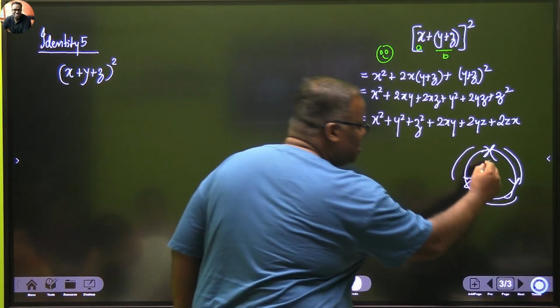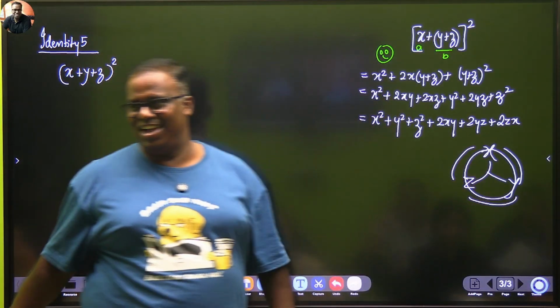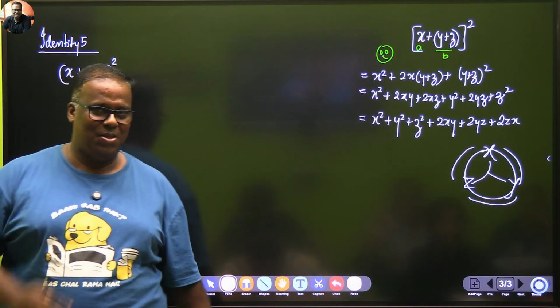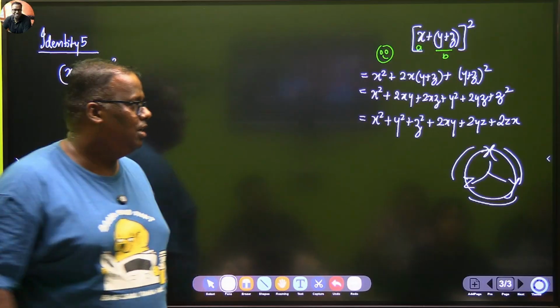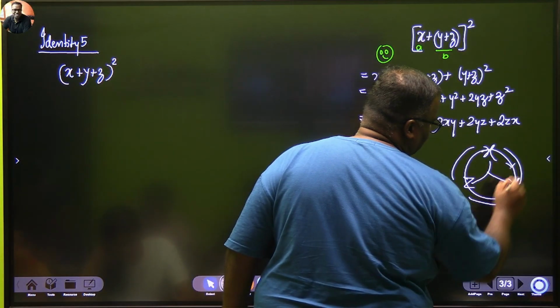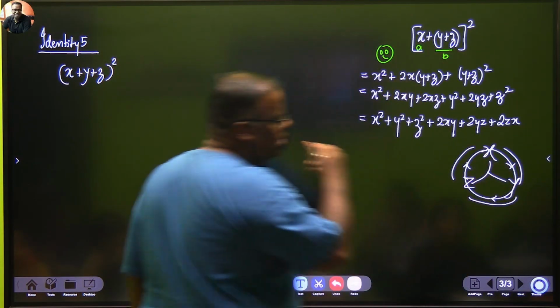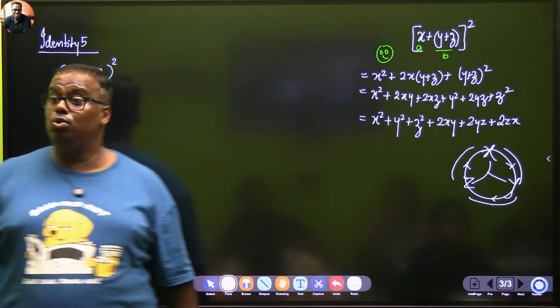Mercedes Benz, you know. Yeah, its formula is like that. Mercedes Benz ऐसा होता है ना. That's the way to understand. You write x in one slot, y in one slot, and z. So xy yz zx. लेकिन 2 के साथ.